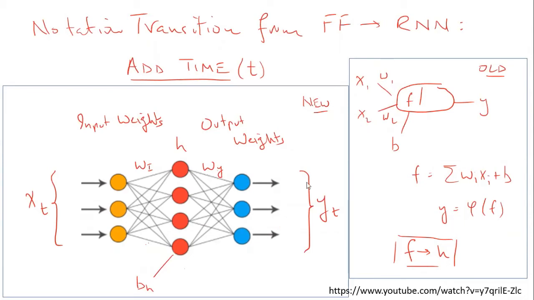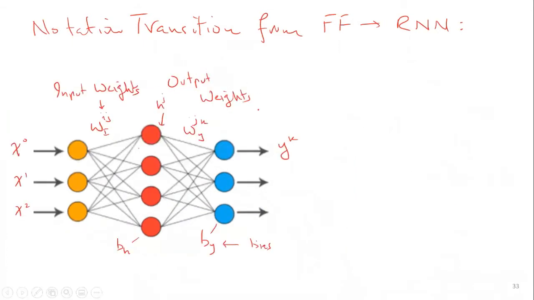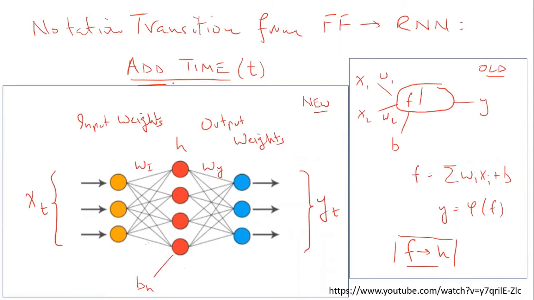Okay. So now what we've done is, first of all, we've added time. We've already seen that. Now we're also introducing the input weights and the output weights. Normally we didn't really take a close look at this earlier because this wasn't really necessary.